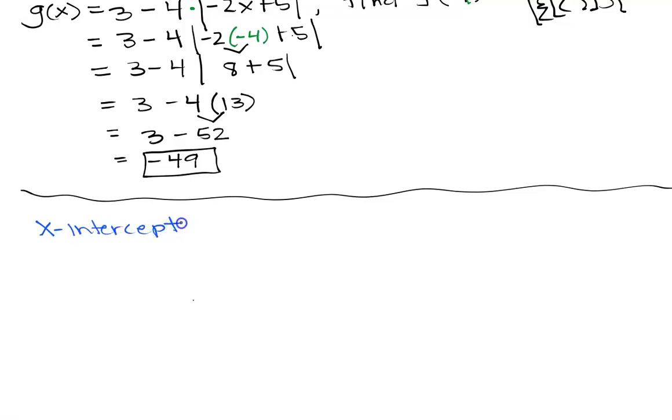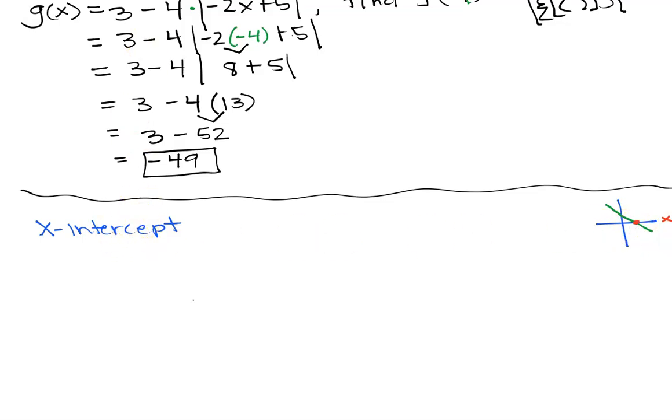All right, so an x-intercept is if you have a graph, right, and let's say here's just the grid, right? And if I have, in a different color, a line going through here, right, then where it hits the x-axis, where that line is crossing the x-axis, that's our x-intercept.